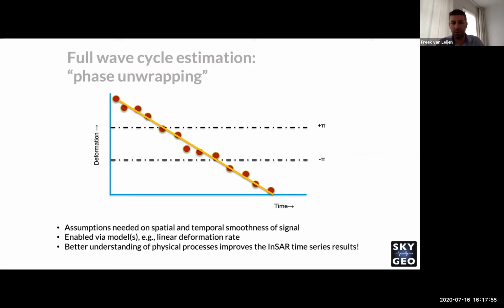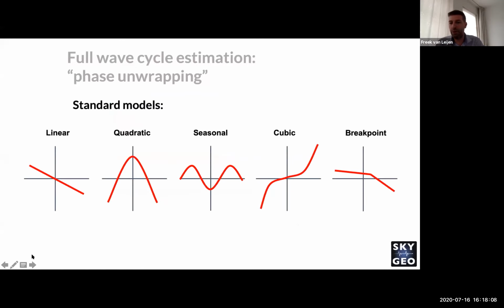We still do sufficient statistical tests to determine the quality of the outcome, but somehow we have to direct the solution to get a good, reliable estimate. Now, this is what we do, and as I mentioned, the better we understand the problem, the better we can do this. But what can also be helpful is to use not only one model, but a model composed of different components, so that we can actually derive the true deformation.